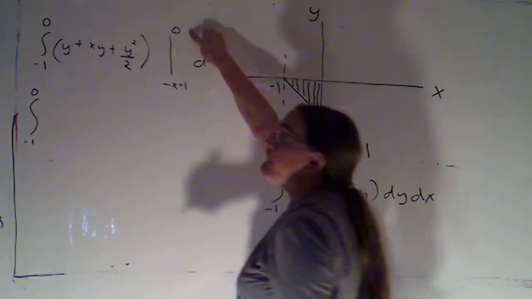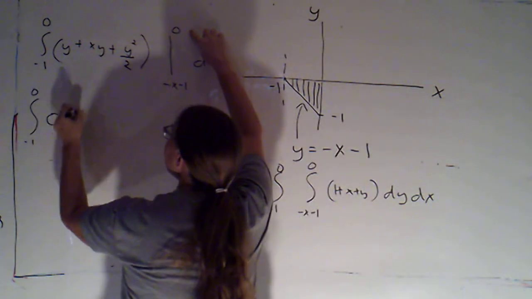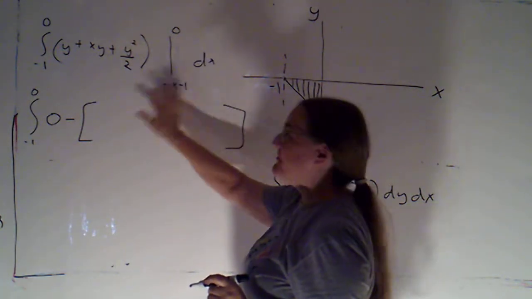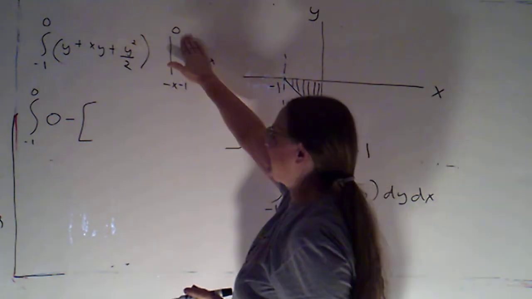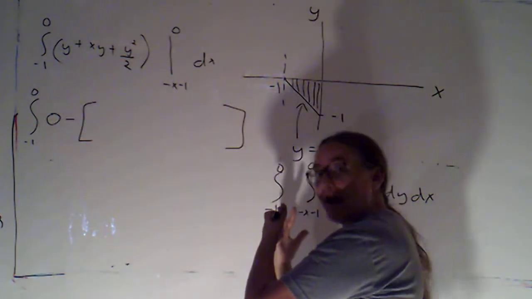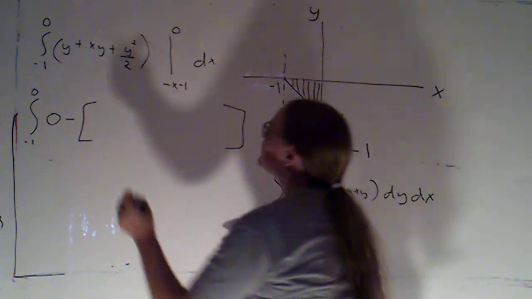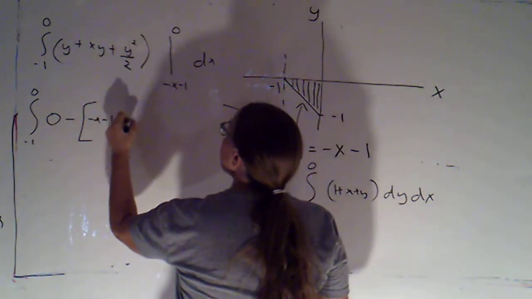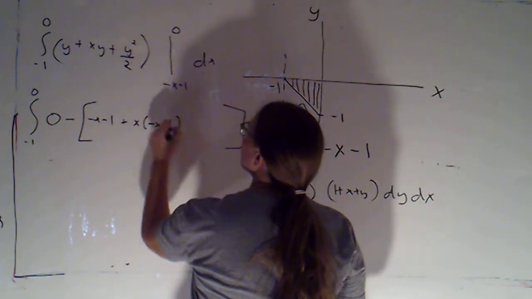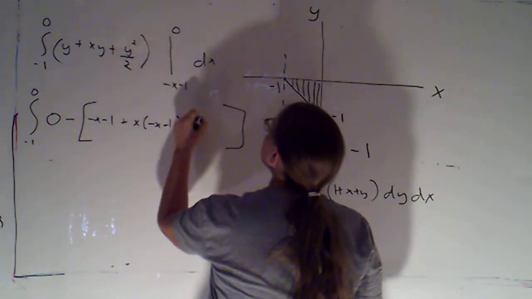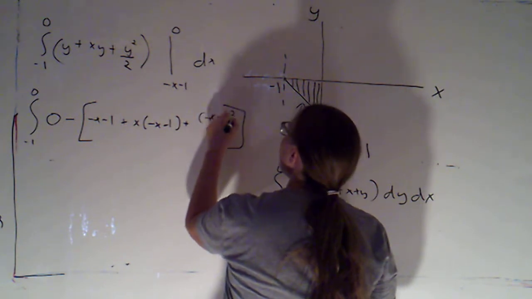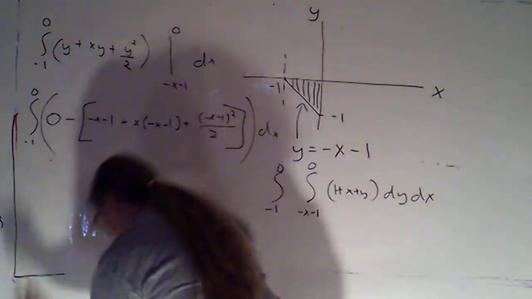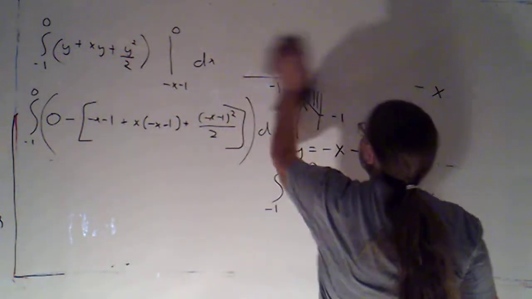I plug in 0 first, and then I subtract what I get when I plug in -x minus 1. Be very careful with that order. This gives me nothing, but I'm subtracting from that. Okay. So, y becomes -x minus 1 plus x times -x minus 1 plus -x minus 1 squared over 2, and we'll be integrating all of that with respect to x.